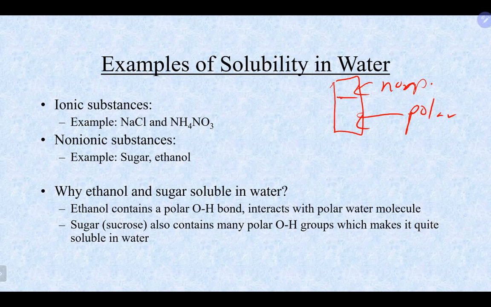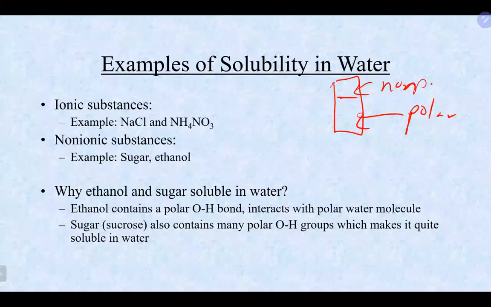They also are soluble in water. Even though they may have, like we just saw with ethanol, a part that's nonpolar, because they have that OH bond, it allows them to interact well with water, the same way water interacts with itself. That's what allows them to mix really, really well.